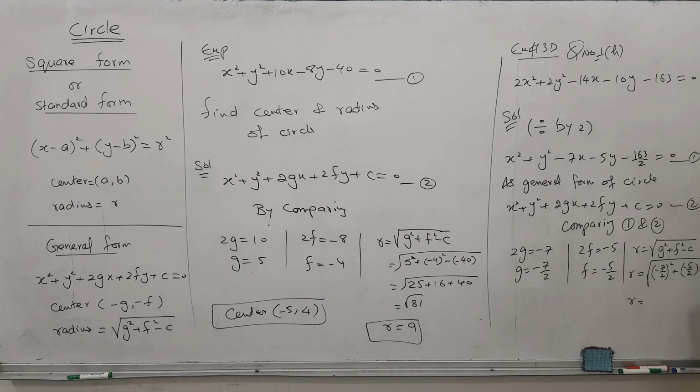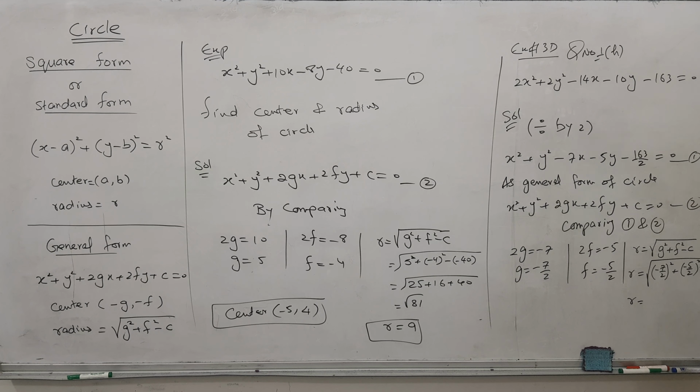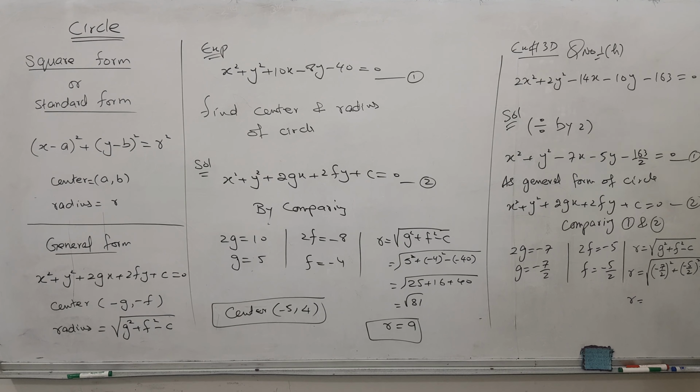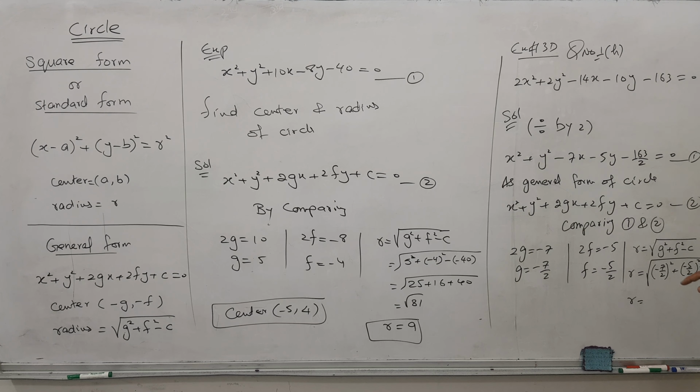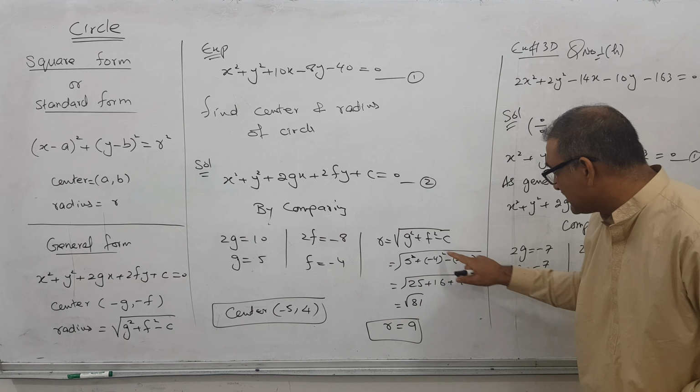This is 49 by 4 plus, sorry, I missed the square, 25 by 4 and minus 163 divided by 2. Wait a minute please, yes, this is minus c. The c value is minus, and this minus is part of the formula, so minus into minus becomes plus. Why? Because the c value is negative and this minus is in the formula.